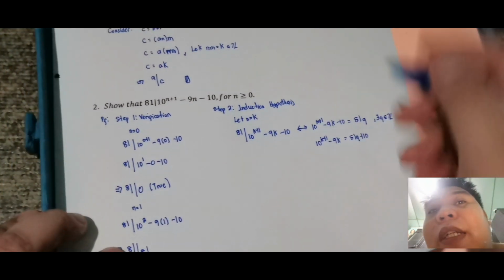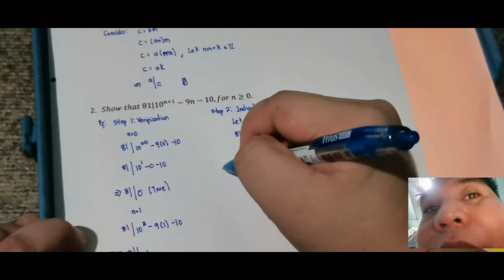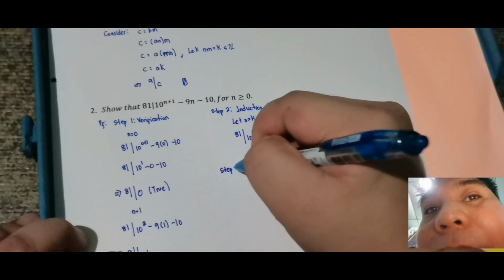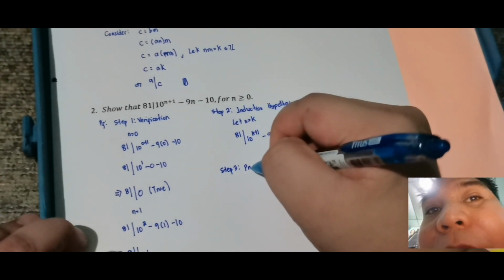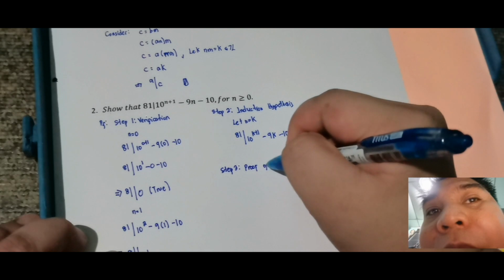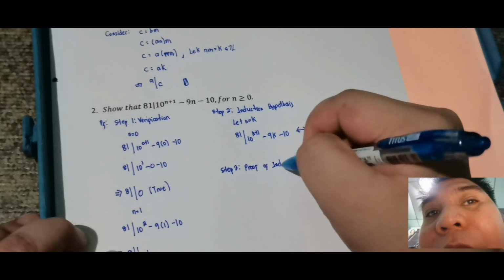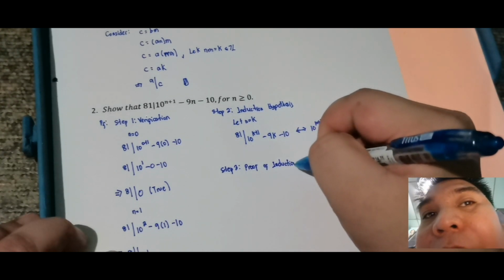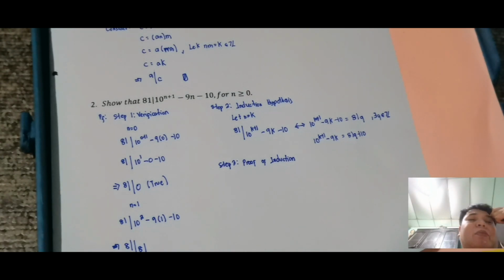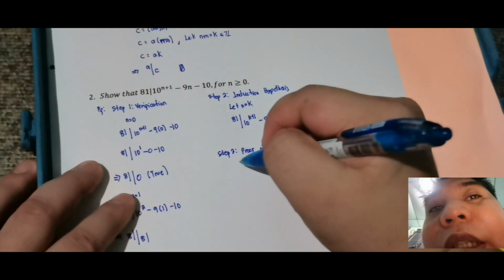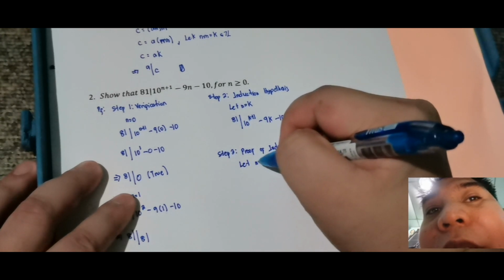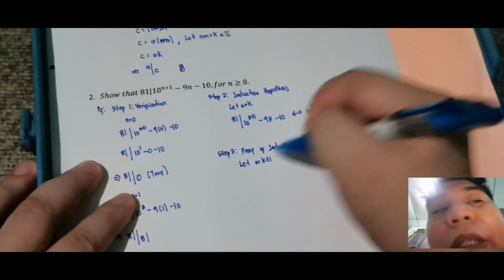Ayan, punta tayo sa may proof of induction, step 3. Okay, so step 3, proof of induction. Paano naman sa proof of induction? Let n is equal to k plus 1.